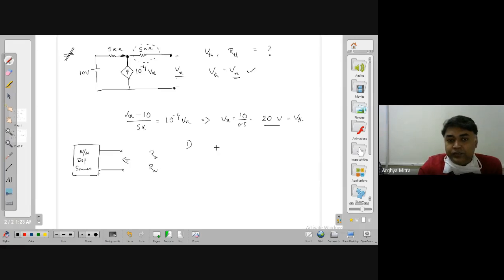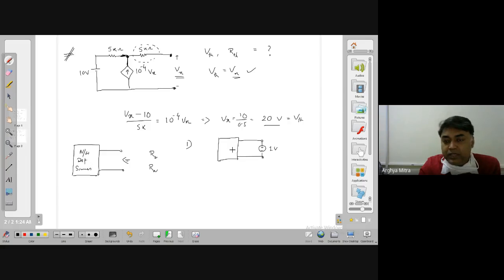Procedure number one: at this terminal, you put one voltage source of known value. Suppose this is 1 volt, right? And then, except the dependent sources, all the independent sources you make inactive. So current sources can be made inactive by open circuiting it.